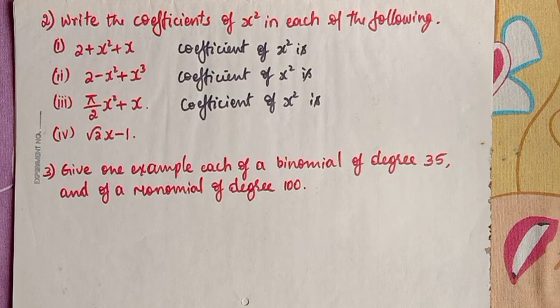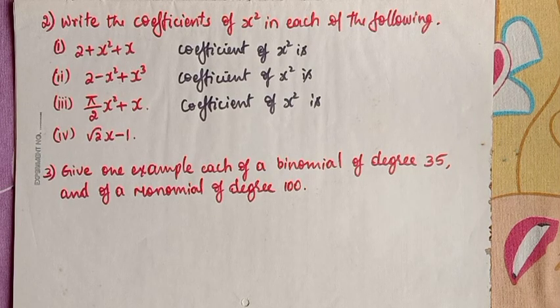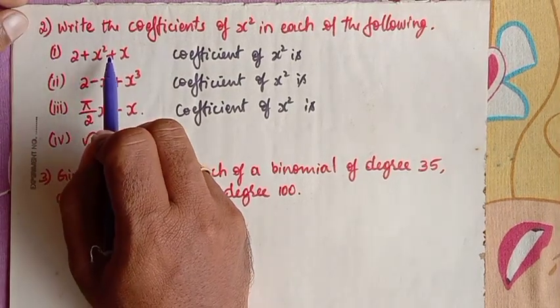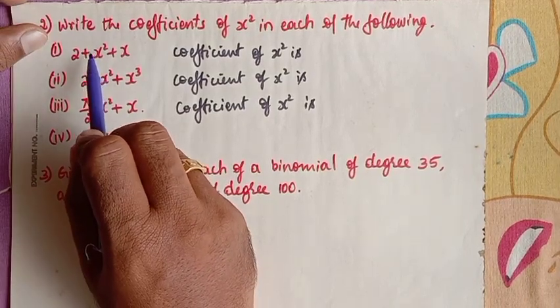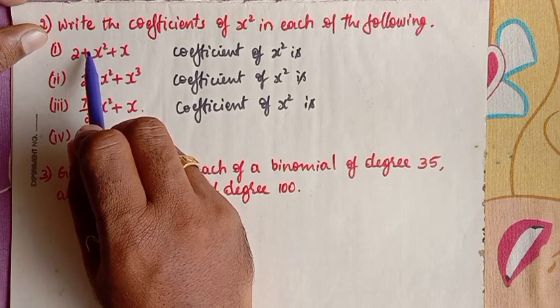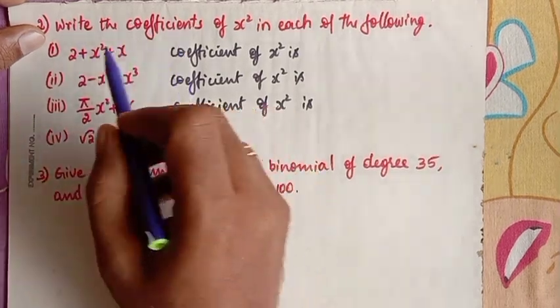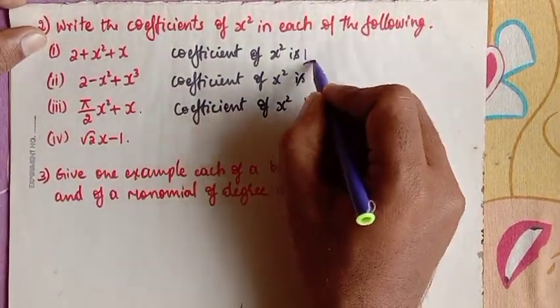Write the coefficients of x square in each of the following. First one, 2 plus x square plus x. Here, the coefficient of x square is 1. Here, it has not been written, so we can directly write 1.